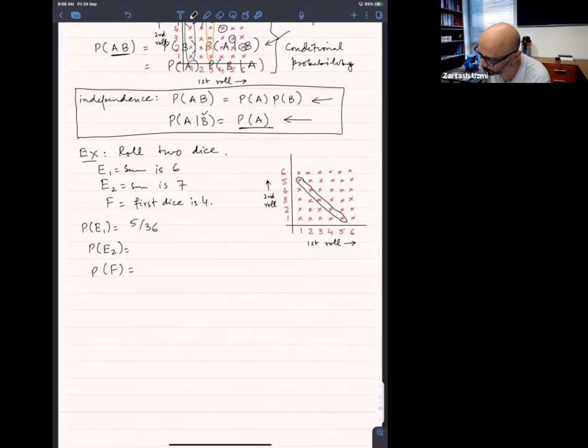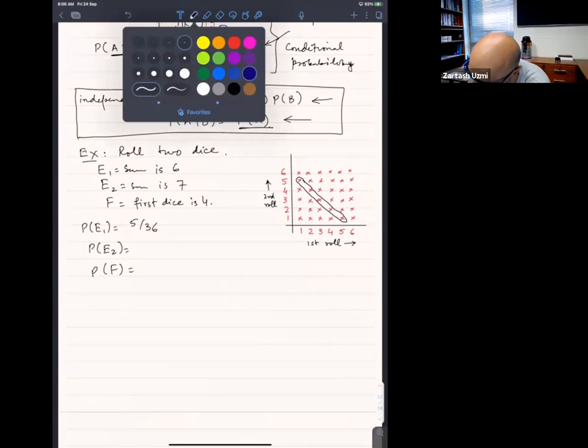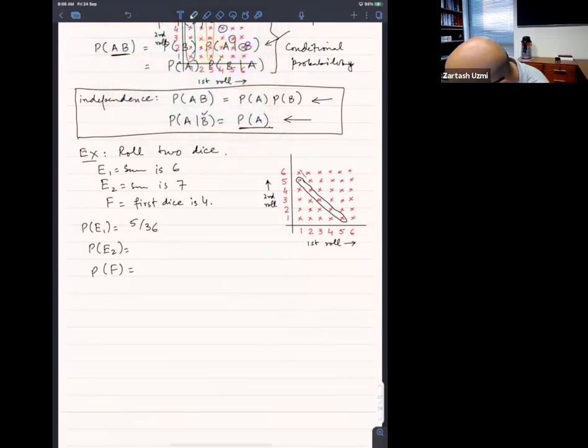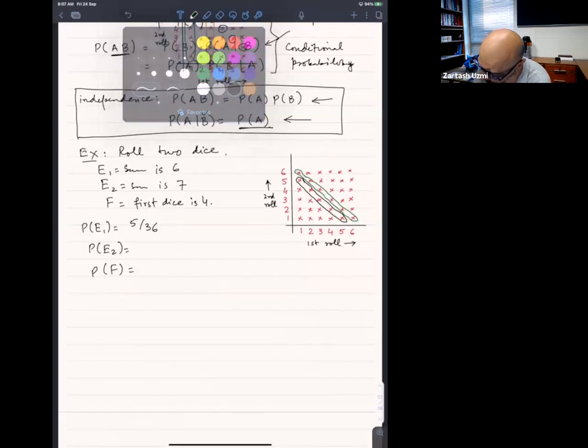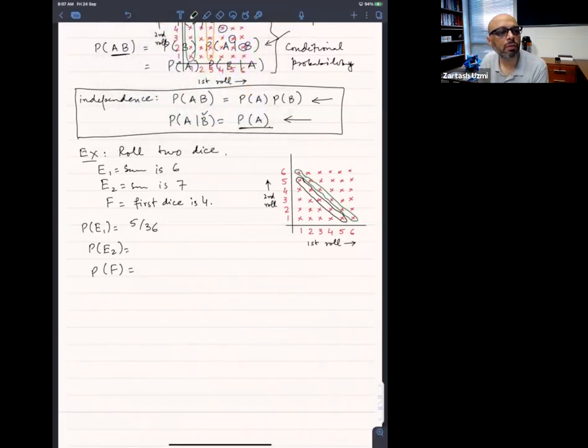What is the probability of E2? E2 is the event which is here. E2 is this one. So the probability of E2 would be 6/36. Yes, thank you. Probability of F.